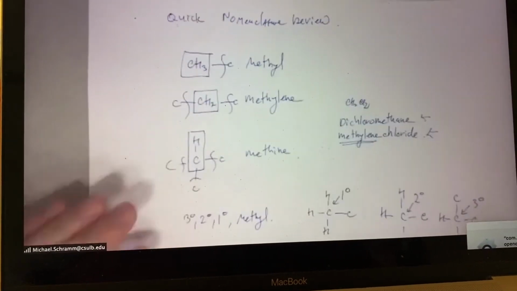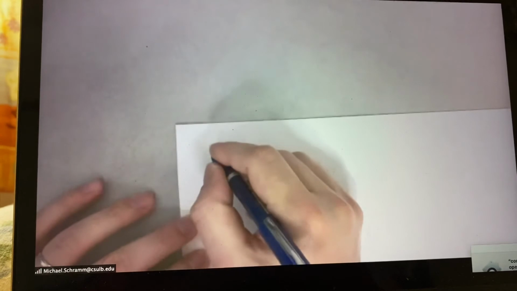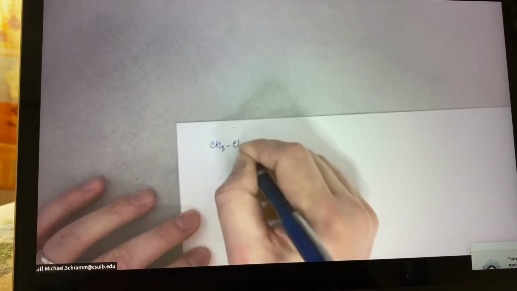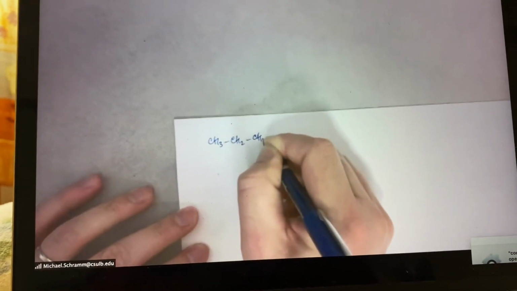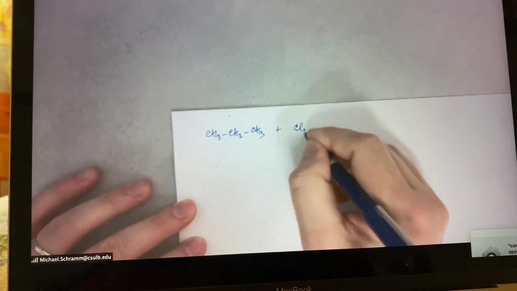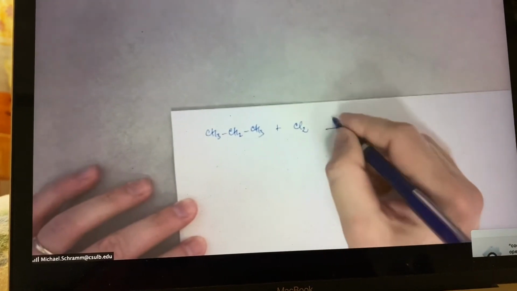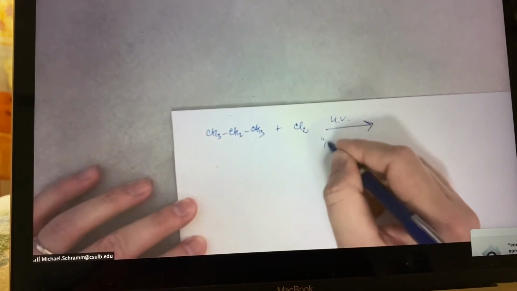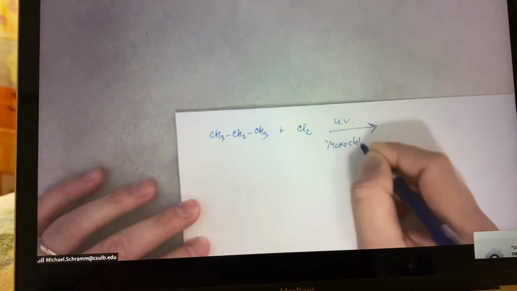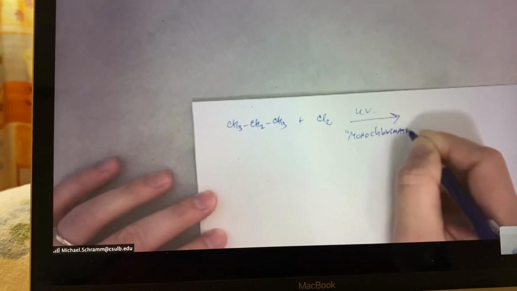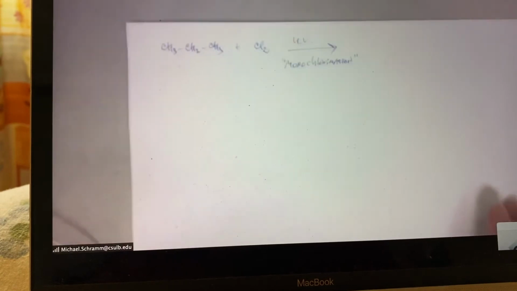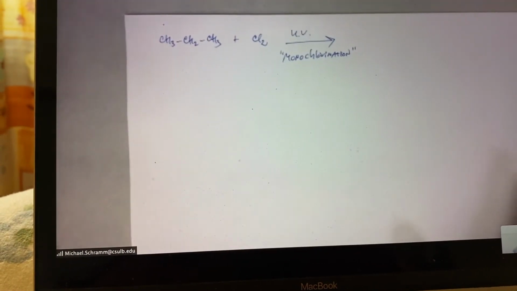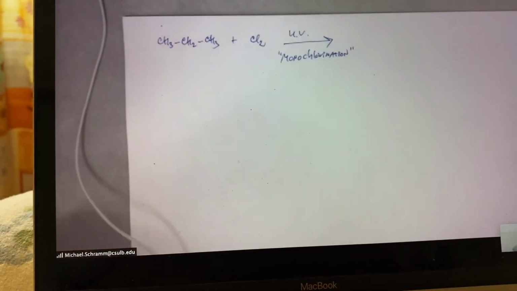Okay, we're going to go back to propane. Thankfully, we'll stall a little bit here, and we're going to take propane and think about it again. When we react it with chlorine and UV, let's say, under monochlorination conditions, we're only going to think about all the possibilities where we only substitute one chlorine onto this molecule.